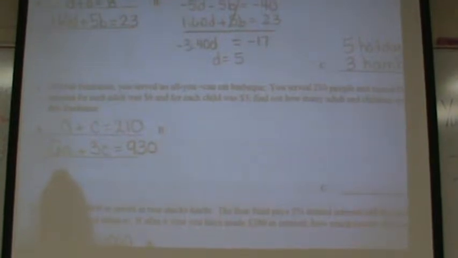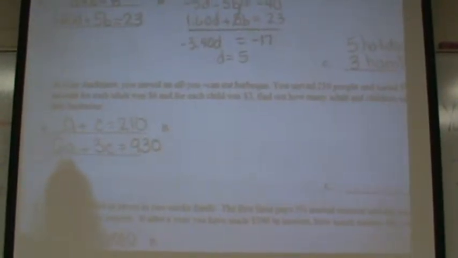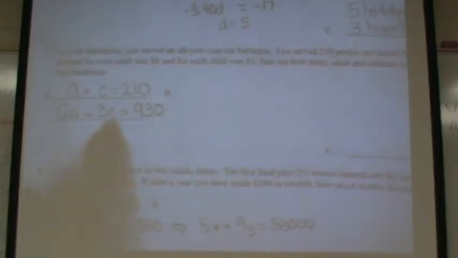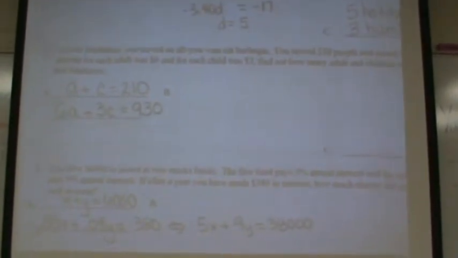Next one. We have adults and children. We have 210 people, and adults are $6 a ticket and children are $3 a ticket, and we brought in $930. How many of each at this fundraiser? I would multiply this top equation by negative 3.